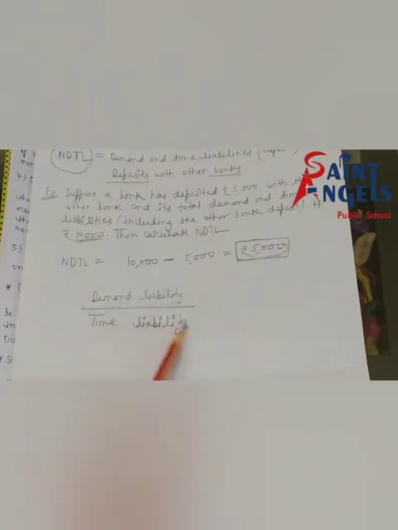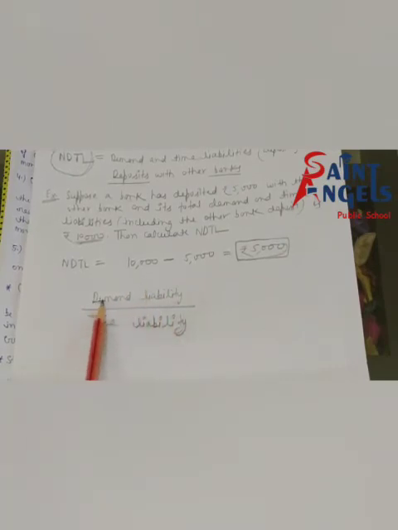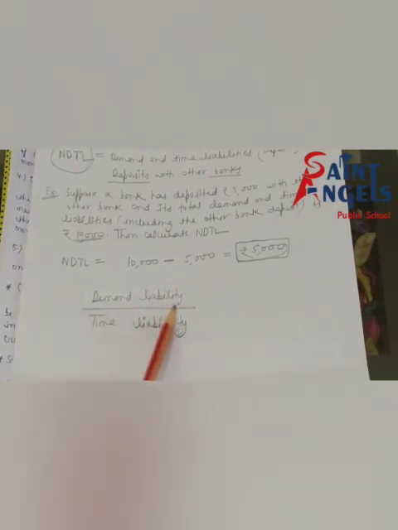So examples of time liabilities are fixed deposits, gold deposits, etc. I hope the meaning of time liability is clear. The meaning of demand liability is clear.